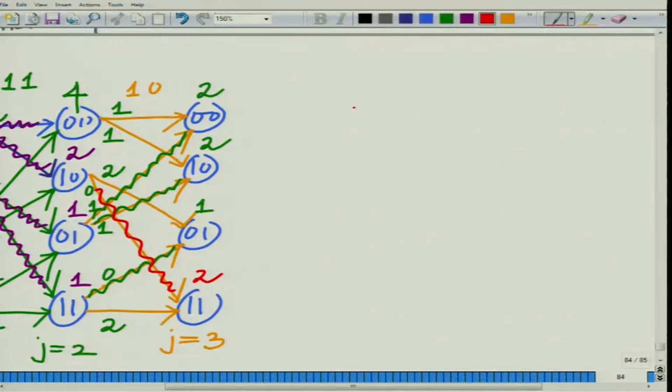So I am going to quickly draw the rest of the stages of the trellis. Just to save some space because I am going to need it later.